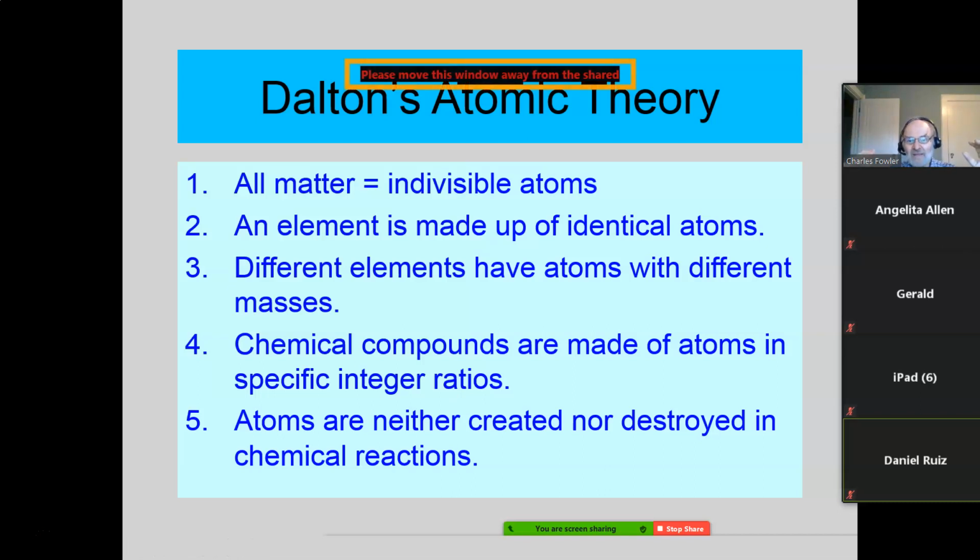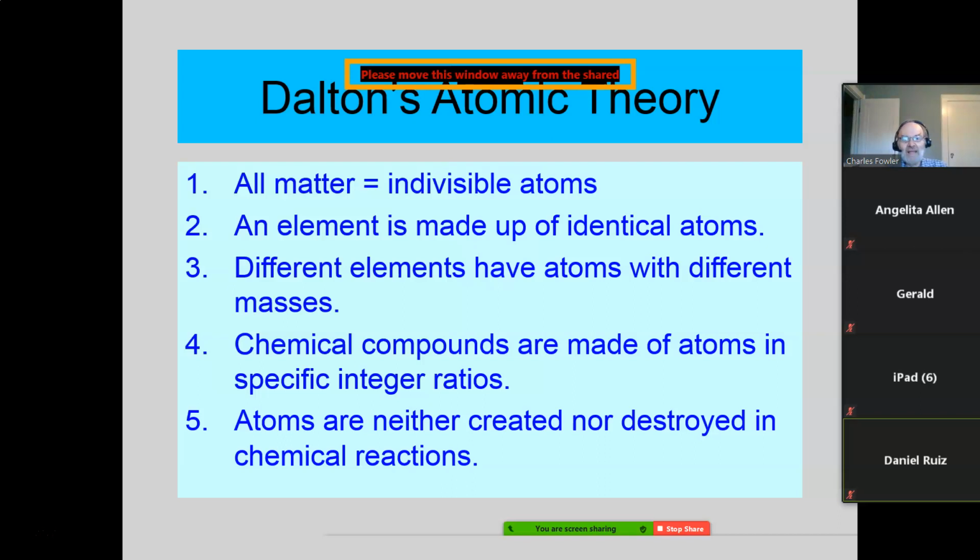Water is made up of 2 hydrogens, 1 oxygen, always. Ammonia, 1 nitrogen, 3 hydrogens. Carbon dioxide, 1 carbon, 2 oxygens. Chemical compounds are materials made up of more than one type of element, more than one type of atom.